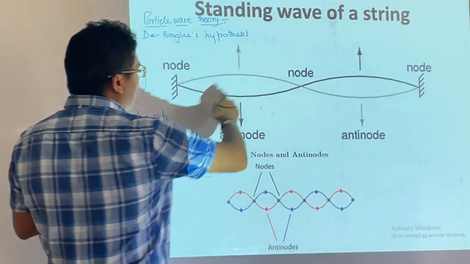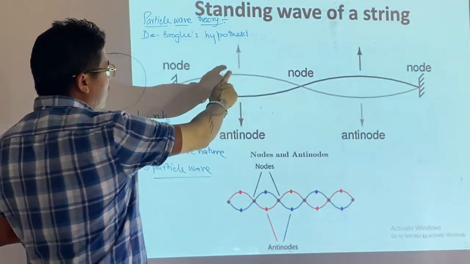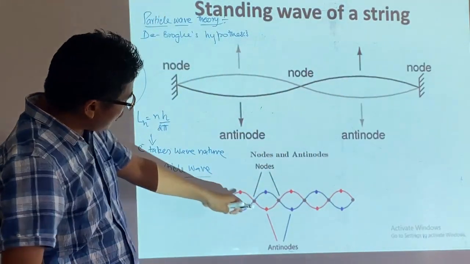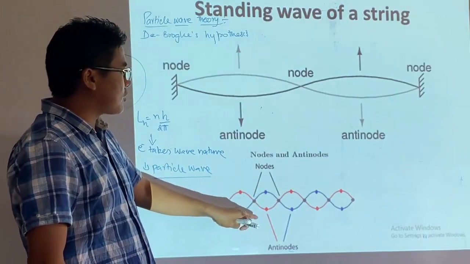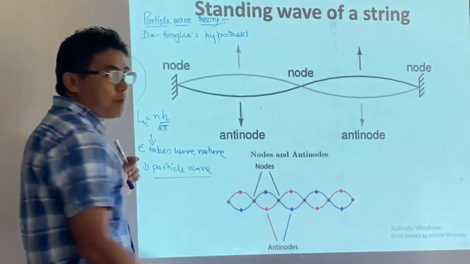This is going to be an antinode, this a node, this a node, this an antinode. And this is also possible. The possibility is that at the two ends there should be nodes.